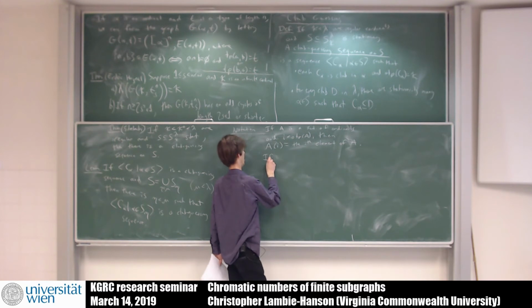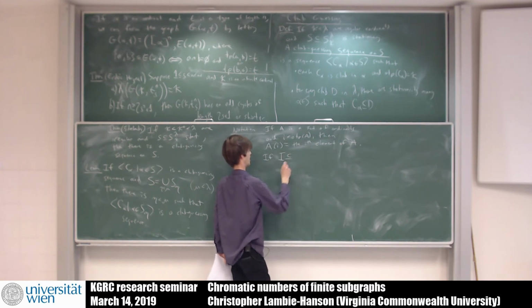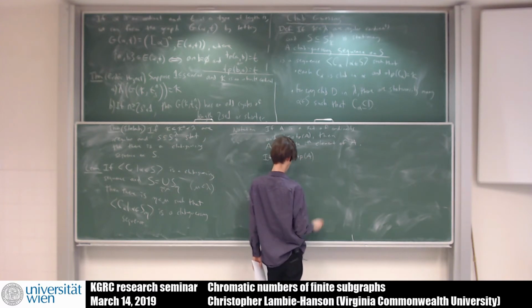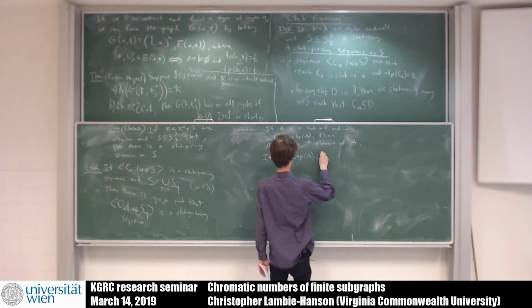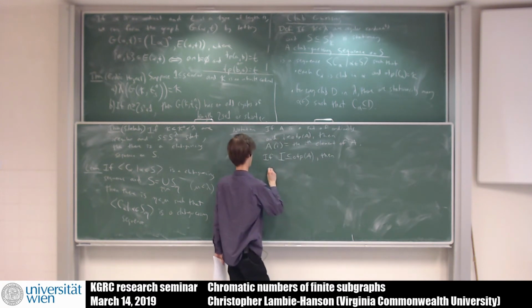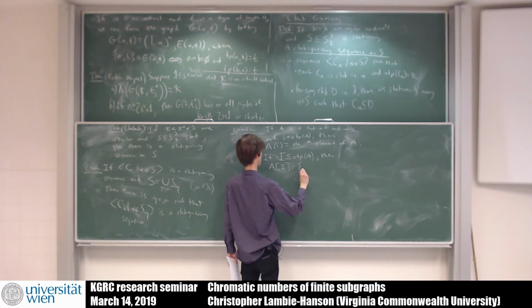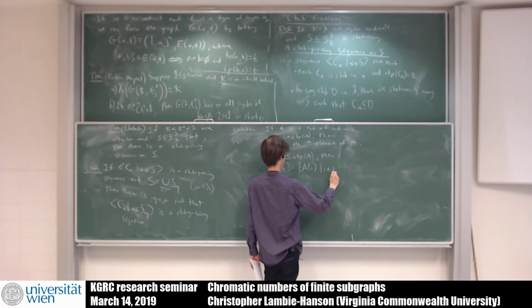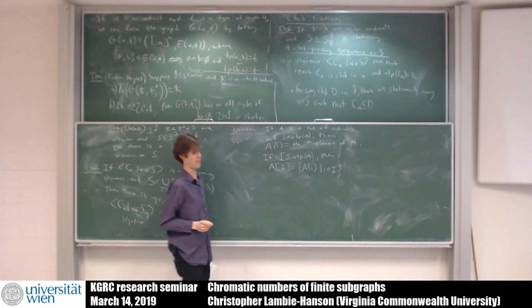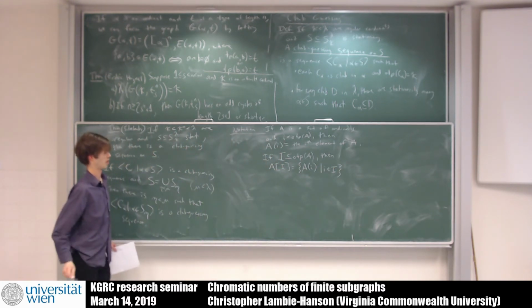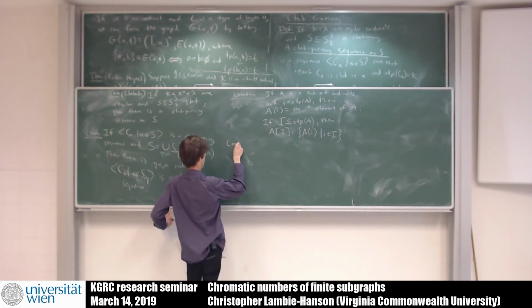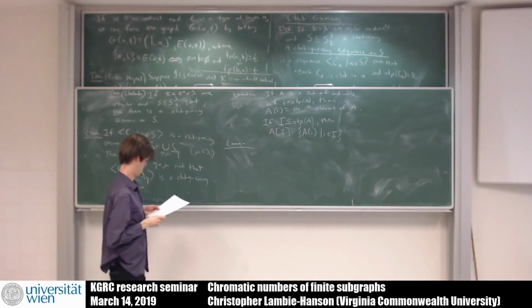Moreover, if capital I is a subset of the order type of A, then I'm going to write A[I] to be the set of A(i), i in I. Okay. So with this notation, we can state our lemma.